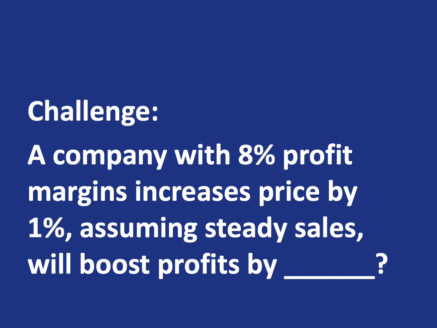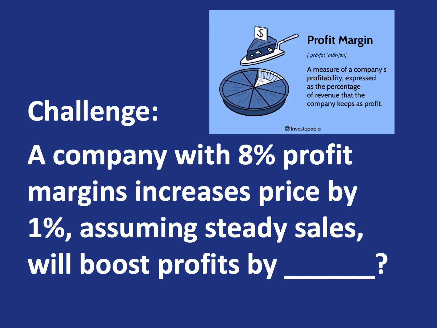Now, if you're not sure what profit margins are and you just wanted a quick reminder, here it is. Investopedia has provided this very helpful illustration as well as a definition. Profit margin is a measure of a company's profitability, and it is usually expressed as a percentage. This is a percentage of revenue that the company keeps as a profit.